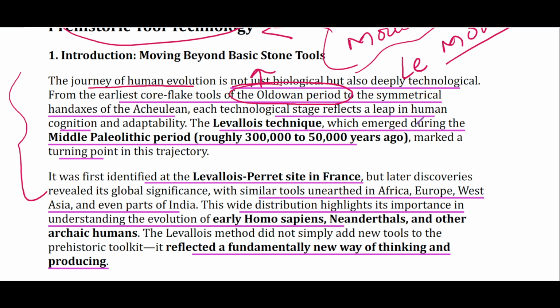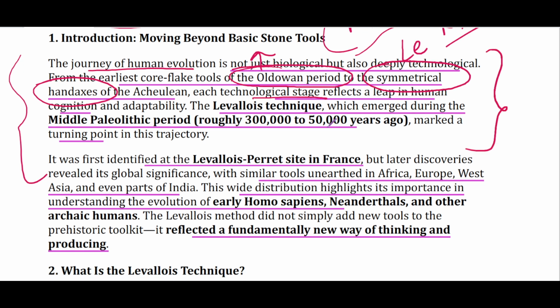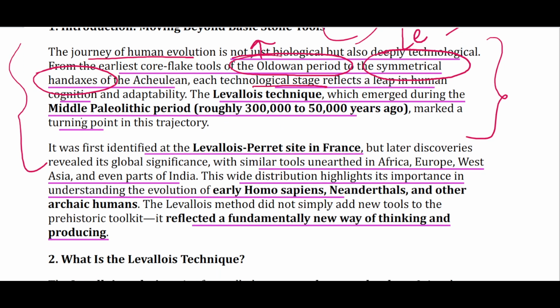Then came the Acheulean tool techniques, in which we saw the symmetrical hand axes, bifacial axes, sharpened axes, a sophistication, a technological leap. And then came the Levallois technique, which emerged around the Middle Paleolithic period from roughly 300,000 to 50,000 years ago, which coincides with the evolution of modern Homo sapiens.